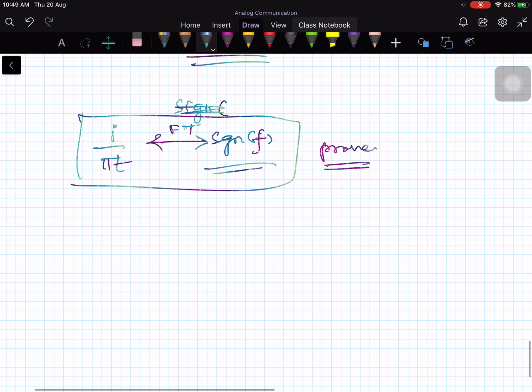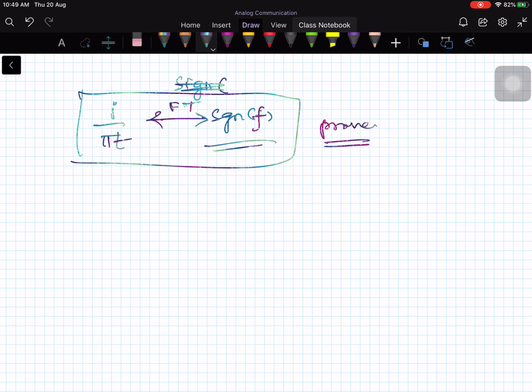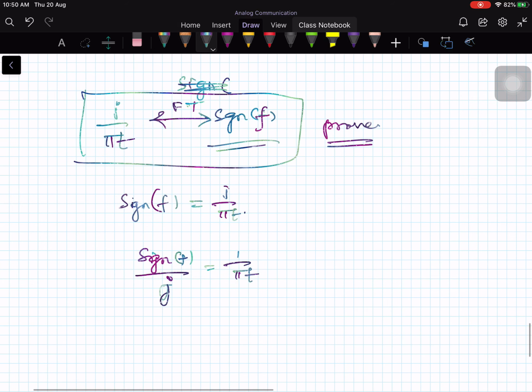Maybe I'll skip this, so you can prove it on your own. Then signum of f is equal to j by pi t in the time domain. Then signum of f by j is equal to 1 by pi t. The j comes to the numerator, then minus j times signum of f is equal to 1 by pi t.